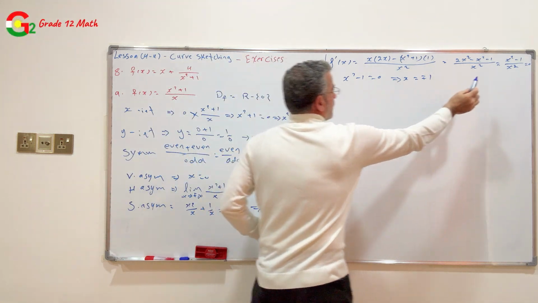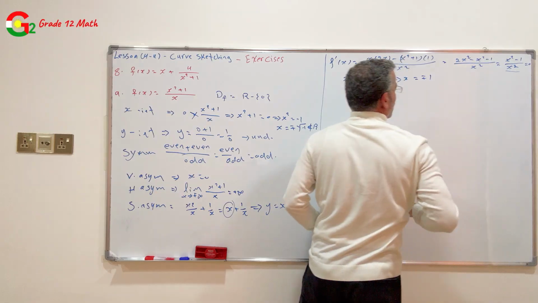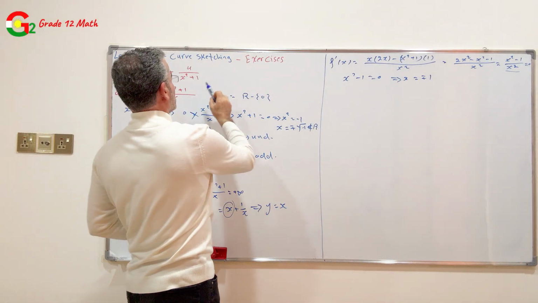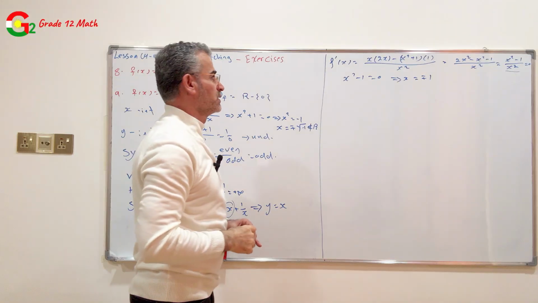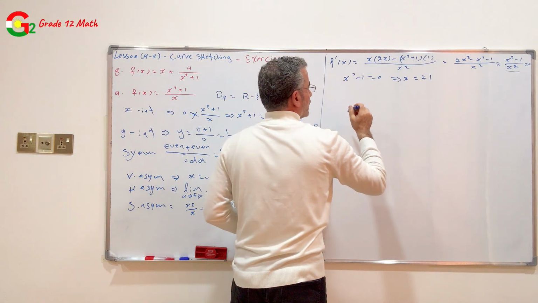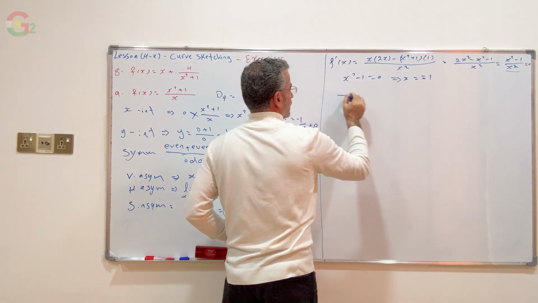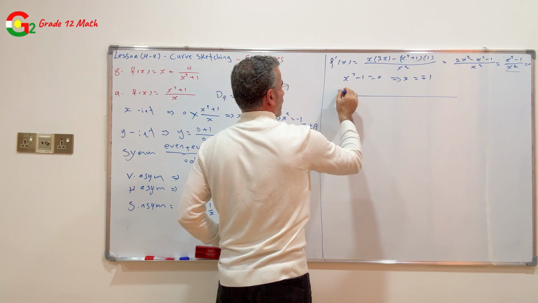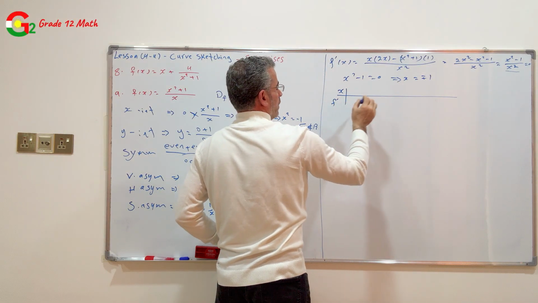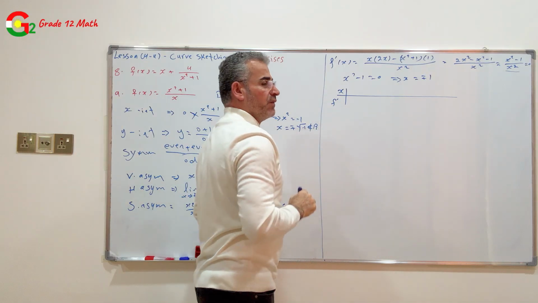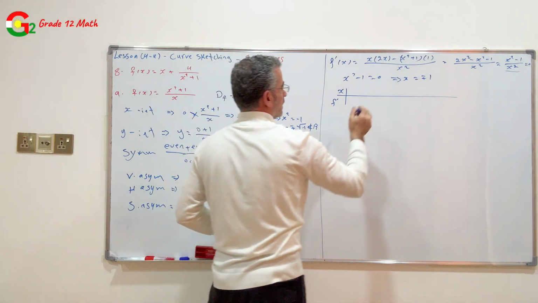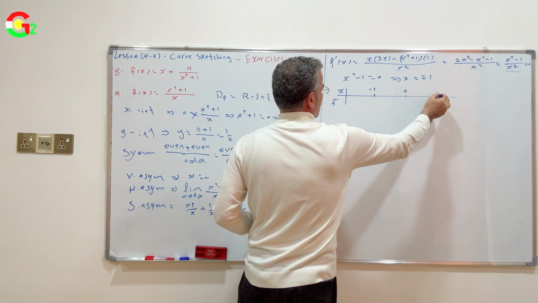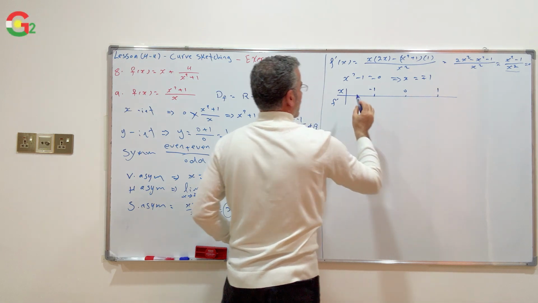And the first derivative is undefined when x equals 0, but 0 is not within the domain of this function. Therefore, x equals 0 is not a critical point, but we set it on the number line. Now we find the sign of the first derivative before and after these points, negative 1, 0, 1.